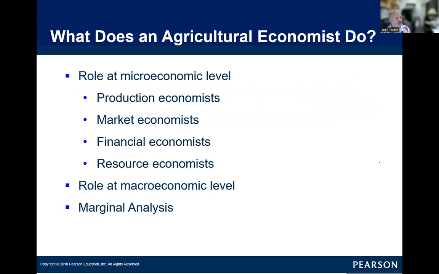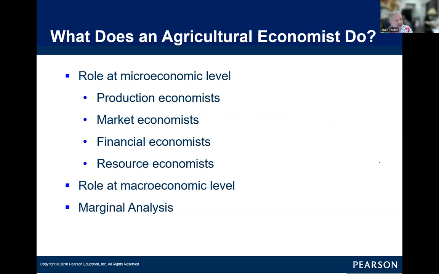So that's your definition. So what do agricultural economists do? I said this before, but their main role is to look at the world through the microeconomic level. They look at production, they look at marketing, they look at the financial, and they look at resources. There's also a role for agricultural economists at the macro level, especially in relation to exchange rates, but also inflation rates play a hand in how agricultural prices are determined.